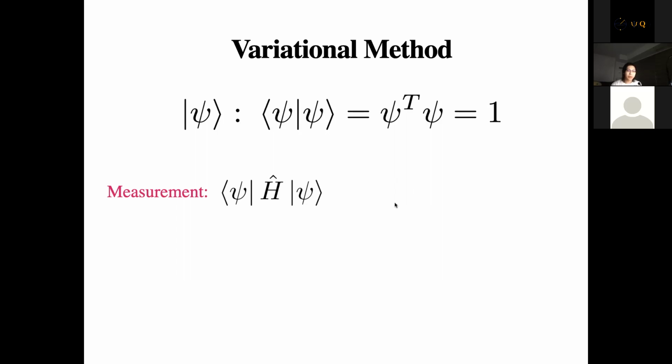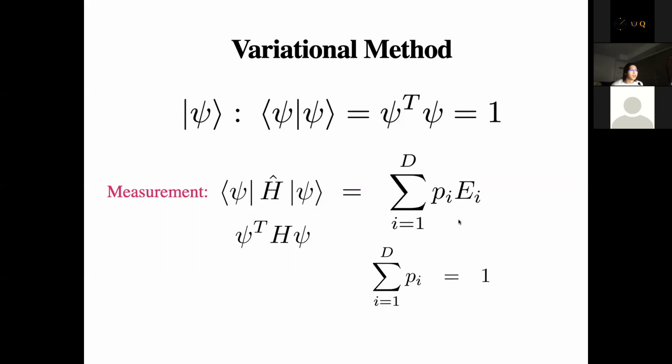Your Hamiltonian comes from the molecule, and you will have some psi wave functions. After this measurement, psi H psi will give you a particular value that's a sort of weighted sum of your eigenvalues, your energies. Now, this is a weighted sum because of the condition that psi transpose times psi is equal to 1.